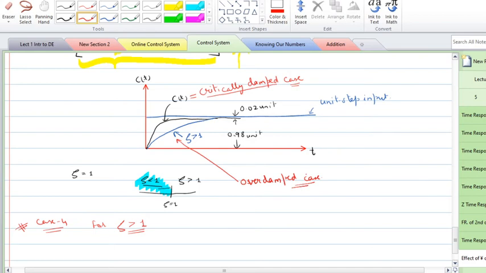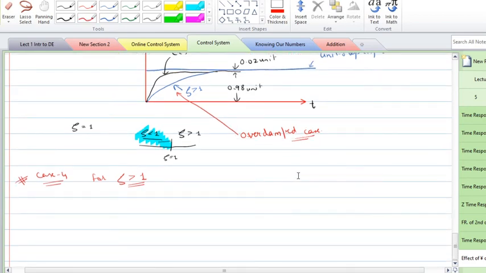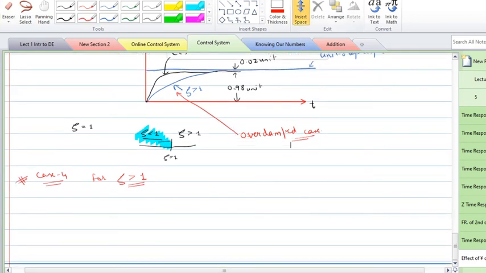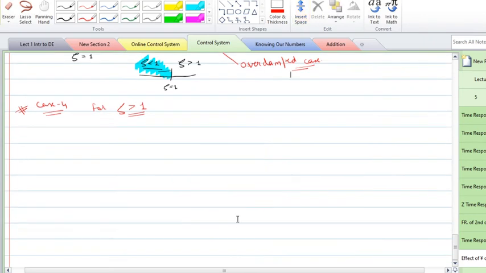So if we look at the response, I am directly calculating it here.